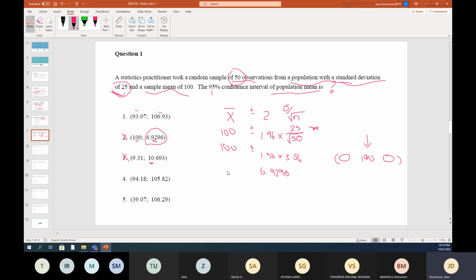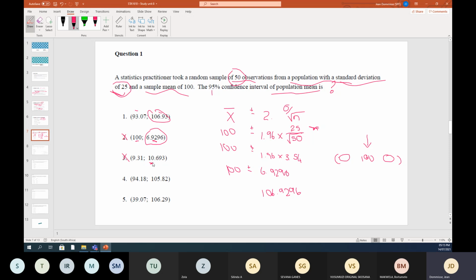So it is 100 plus minus that. Your top one will be 106.9296. That is rounded off, but that is basically the one.